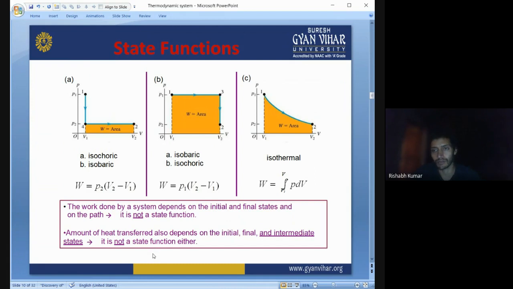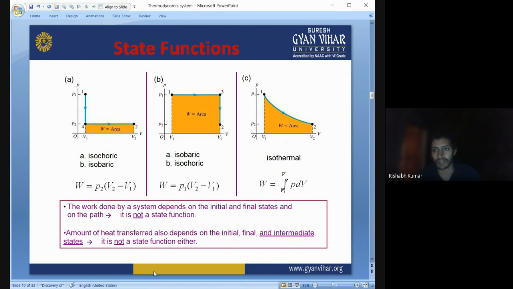So when volume is constant, work done will be equal to zero, because work done is basically equal to the area under the PV curve, right? When volume remains constant, there is no area under the curve, so work in that case would be zero. So in case of an isochoric process, work done would be zero.